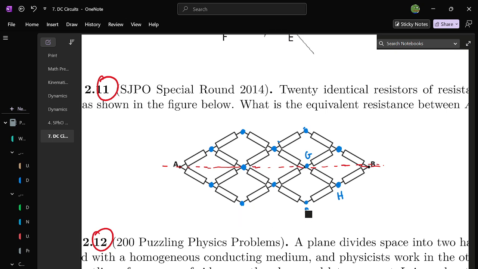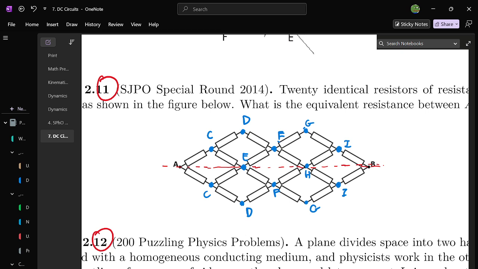So this is C. This is D, D, E, F, F, G, G, H, I, I. Okay, so there's a whole bunch of equipotential points here, solely due to the symmetry.